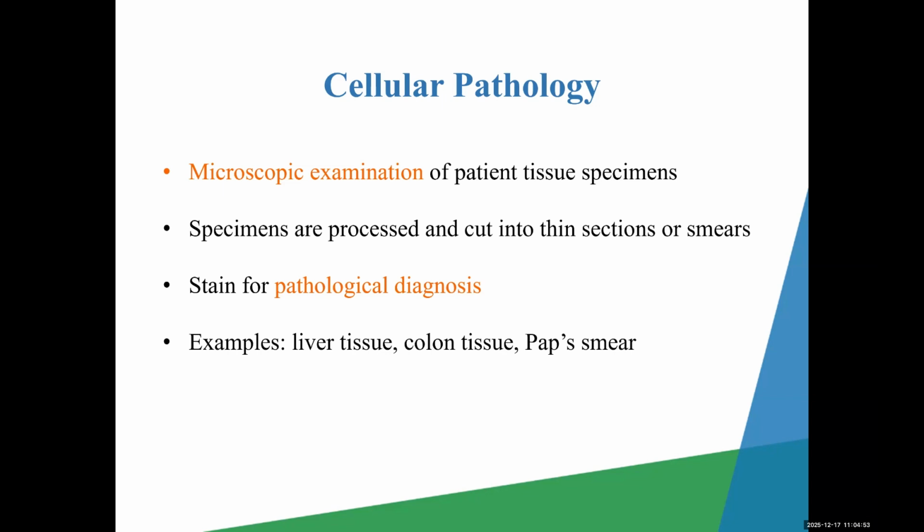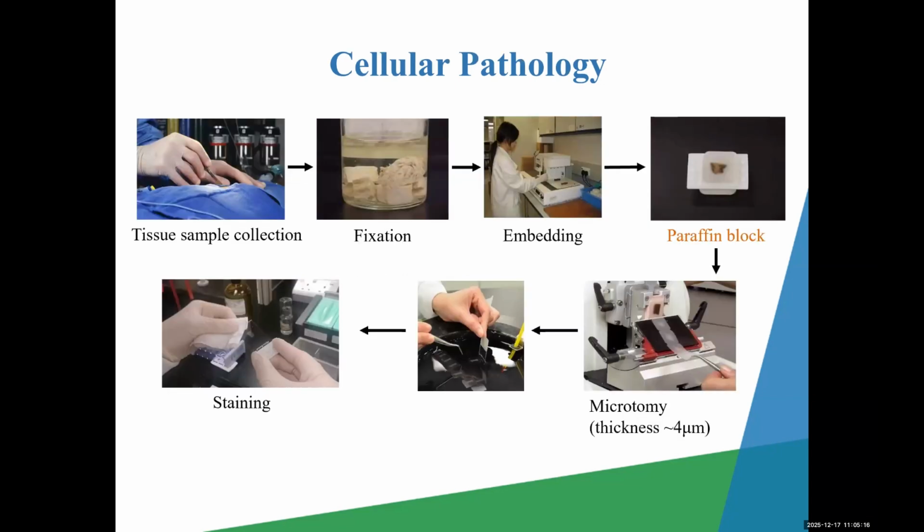The tissue will be cut into very thin sections or smears. Then in the laboratory, the MLT will be responsible for staining and treatment of this sample, and then look for any abnormalities. The samples include, for example, liver tissue, colon tissue, and also the pap smear. This is the routine workflow in this laboratory.